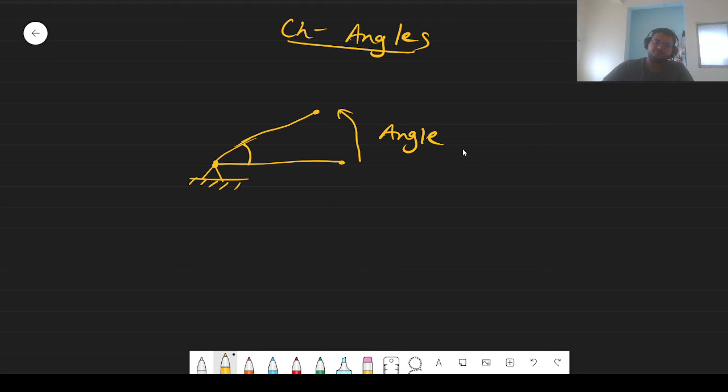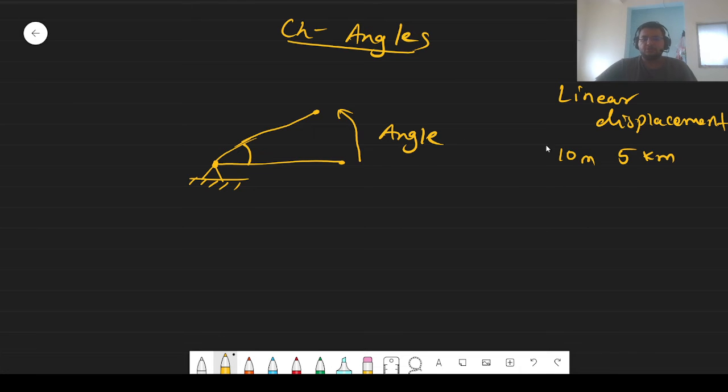Is it clear? As if there is a linear displacement, then we measure how much it has been displaced linearly, let's say 10 meters or 5 kilometers, and there are various units to measure it: feet, miles.